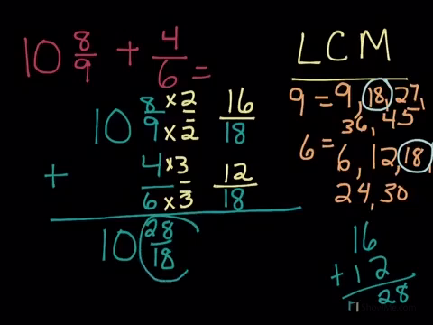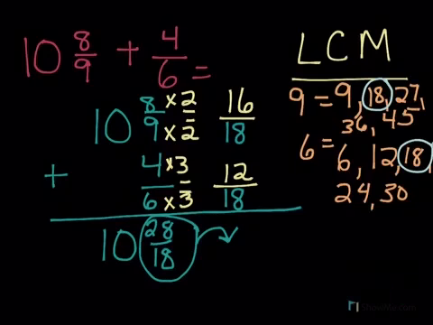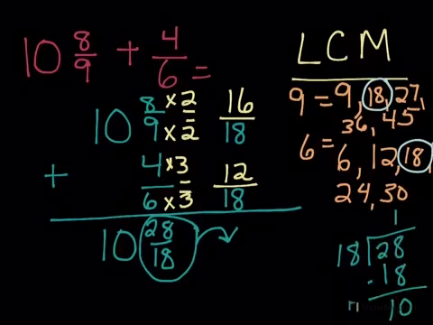I need to change it to a mixed number. To do that, I'm just going to divide 28 by 18. Goes in once. I have 10 left over. So 1 and 10/18.